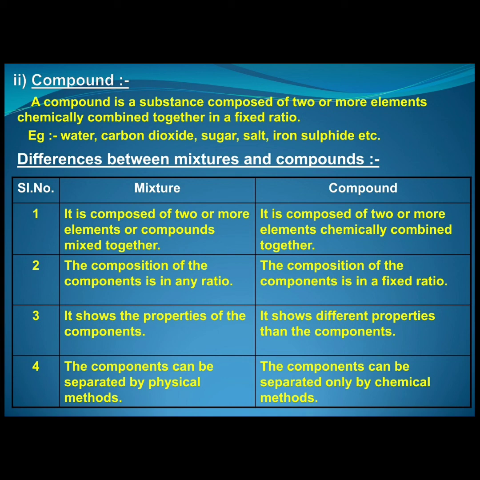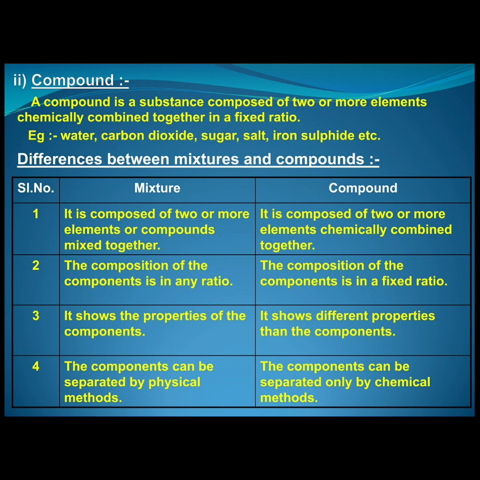The next one, that is compound. Compound is composed of two or more elements but in a fixed ratio. Means if you are taking water from RO, it will have 2 atoms of hydrogen and 1 atom of oxygen. If you are taking water from a lake, it will also have the same composition, 2 atoms of hydrogen and 1 of oxygen.